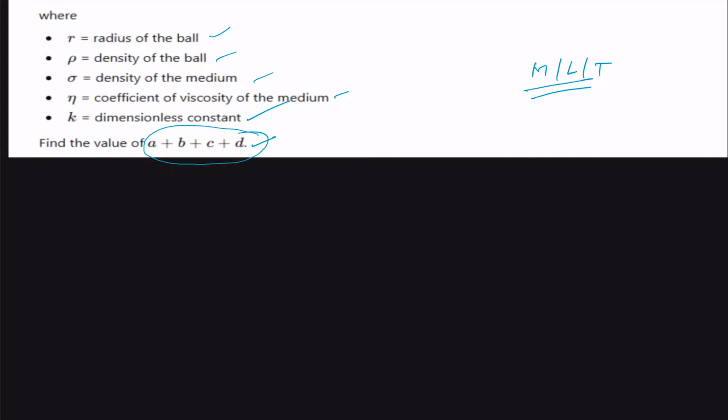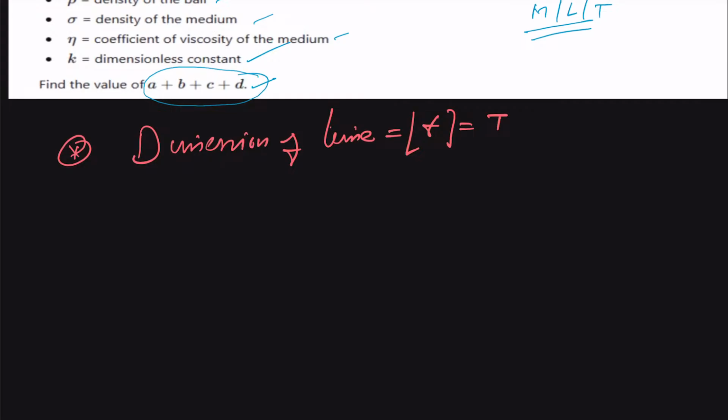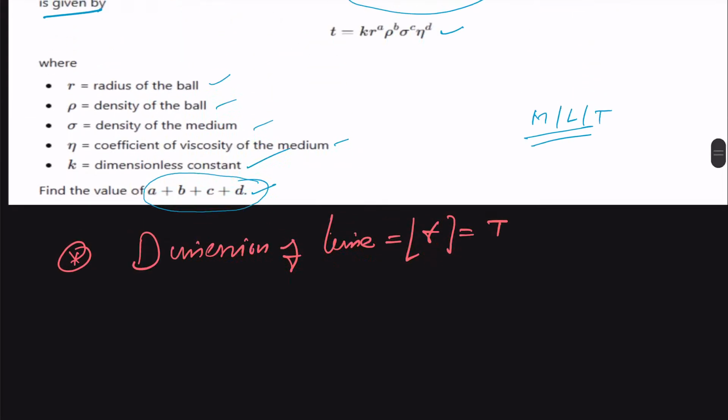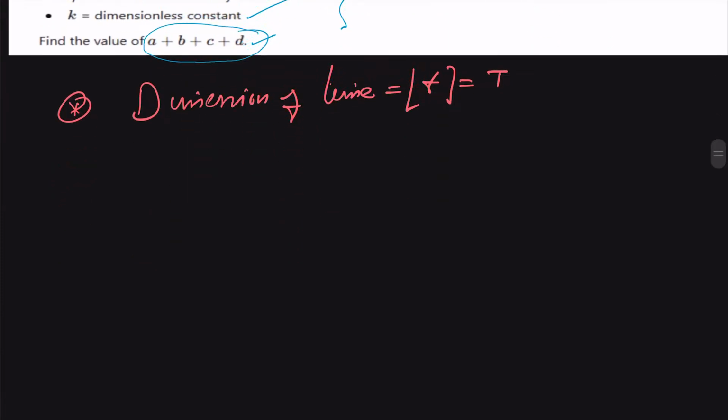We are going to start with the left side, that is the dimension of our time. The dimension of time, that is t, will be equal to capital T. That's quite obvious. And then we come to all the parts mentioned here and their dimensions. r is the radius, so the dimension is L, length.